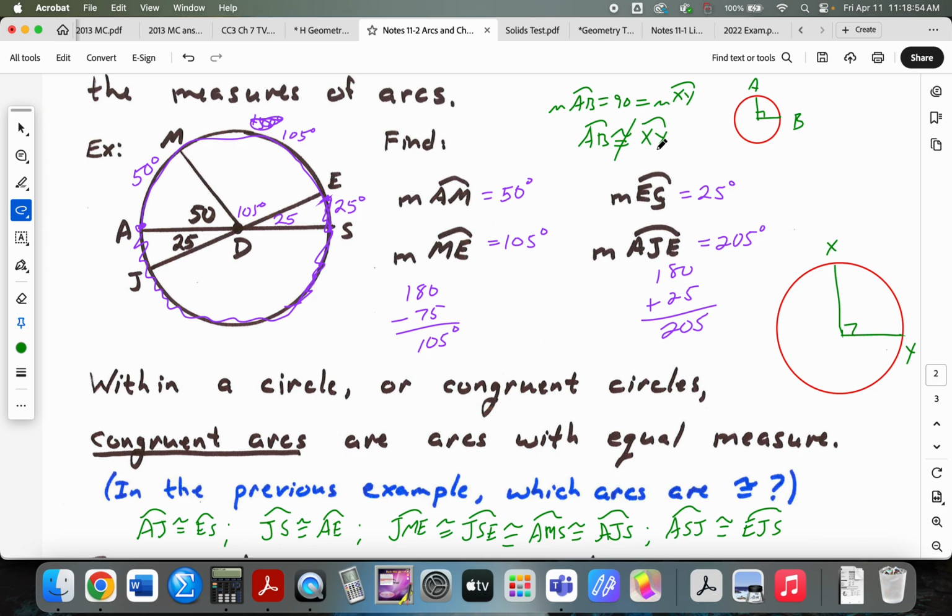I think of these as similar arcs. Same shape, not the same size. That helps my brain get around that. So you have to be really careful about that. Just because two arcs have the same measure doesn't mean that they're congruent to each other. They have to be in two circles that are congruent, or they have to be out of the same circle.